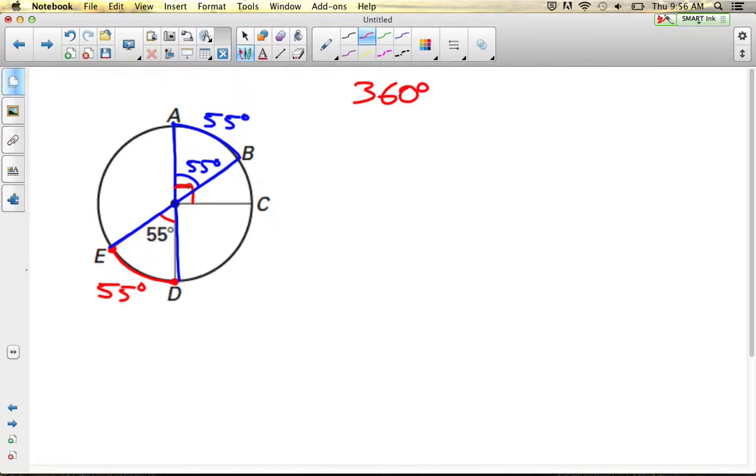They told us that was given. So if this is 90, one of these is 55. Simple subtraction should tell us what the other one is, and that should be, excuse me, 35.